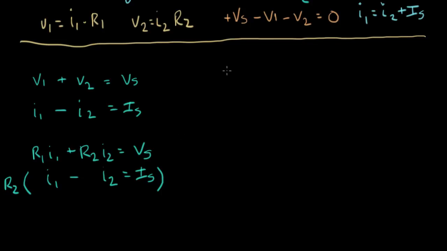We'll rewrite the first equation up here, R1I1 plus R2I2 equals Vs. And then the bottom equation is going to be R2I1 minus R2I2 equals R2Is.